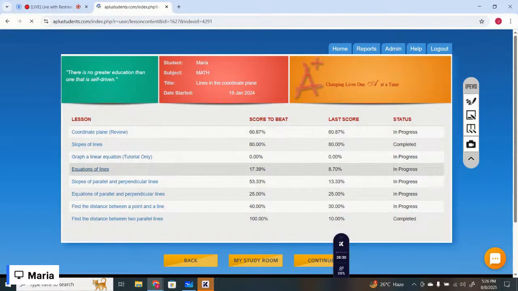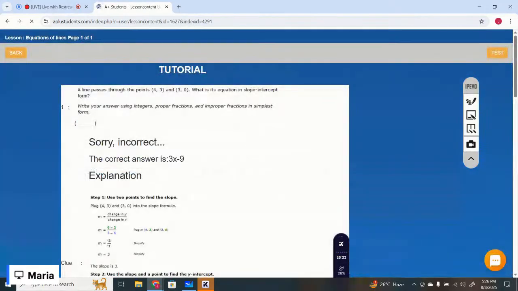Equations of lines. A line passes through the points 4, 3 and 3, 0.